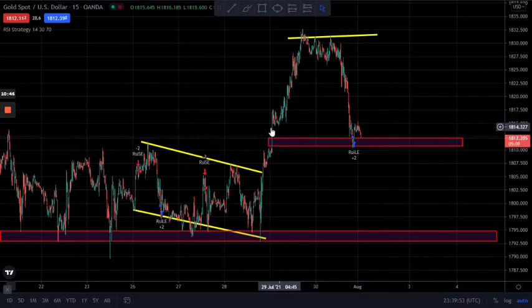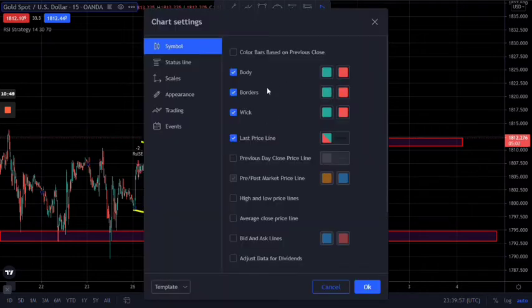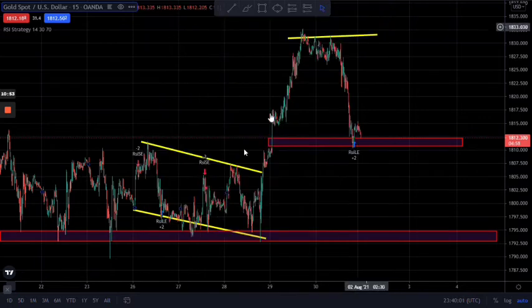So we might be expecting on this movement here a reversal that will come to this point and go down again. As you can see, guys, this movement is almost similar to this movement here.